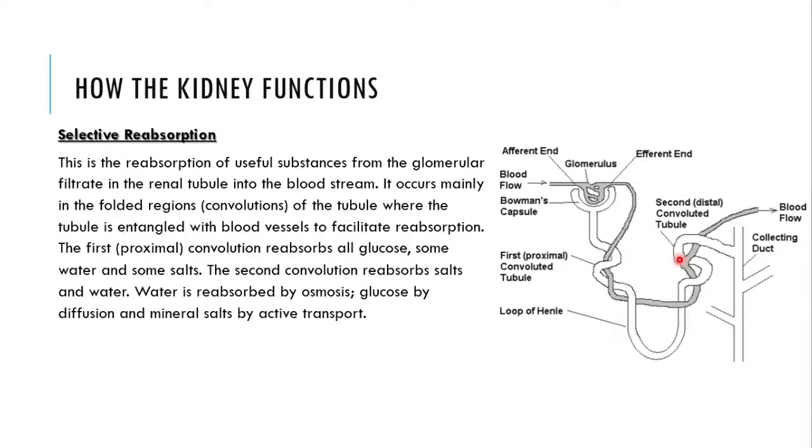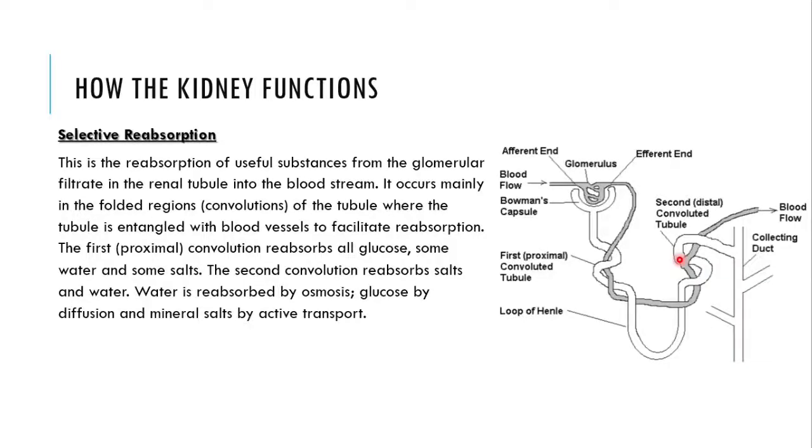So let me pause there. What is the glomerular filtrate made up of? It's made up of urea, mineral salts, glucose, and water. What is useful? Mineral salts, glucose, water. What is being excreted? What is not useful for the body? Urea.